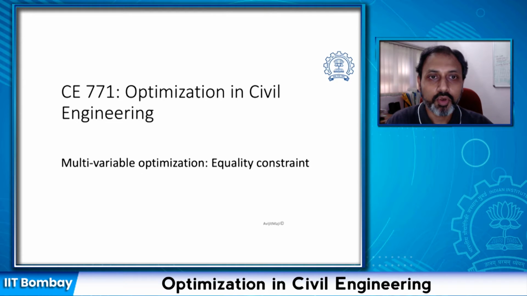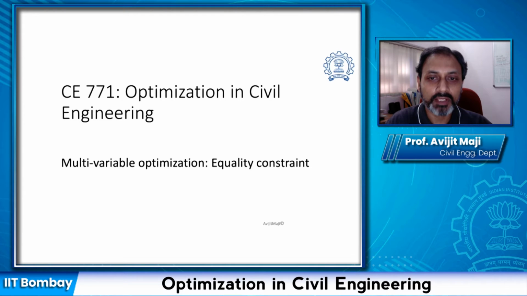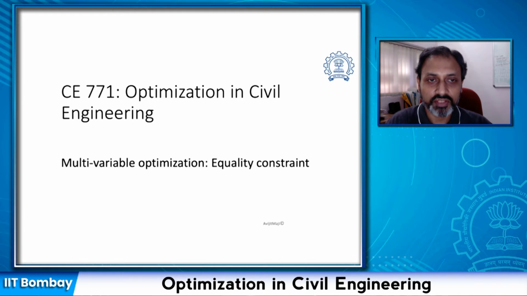Hello everyone, welcome to Optimization in Civil Engineering. In the last class, we discussed multivariable optimization with equality constraint, and we attempted to solve the problem using the direct substitution method. The method was quite effective and useful to solve simple problems with one or two equality constraints.